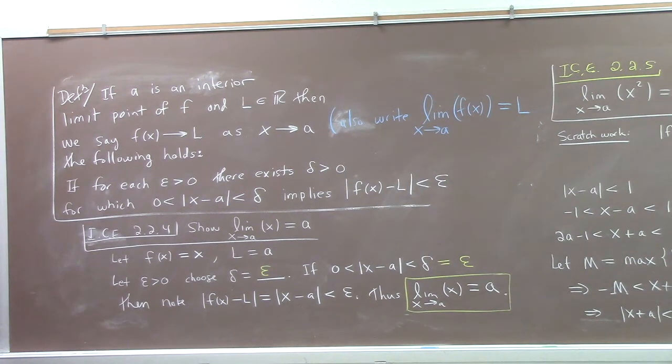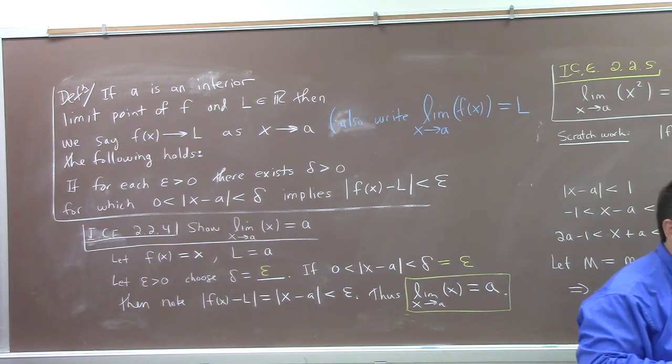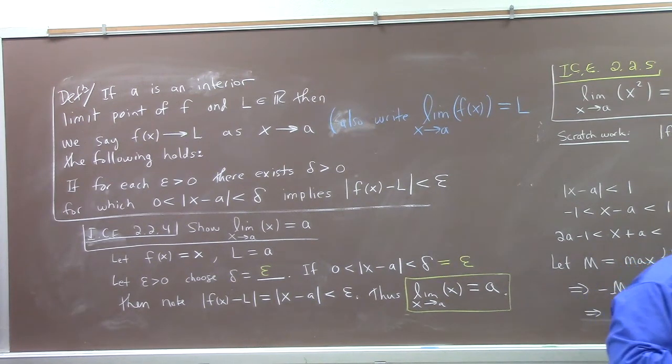Choose delta equal to the minimum of 1 and epsilon over m, where m is the maximum of the absolute value of 2a minus 1 and 1 plus 2a. I think it's clear that m cannot be 0. If m is 0, I'm in trouble, right? Because I'm dividing by m.